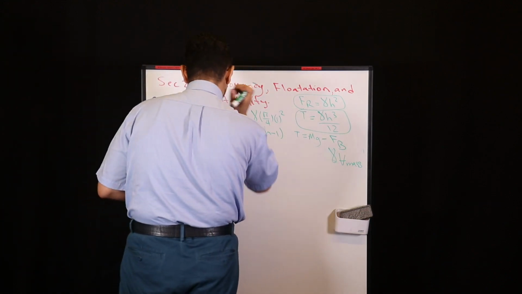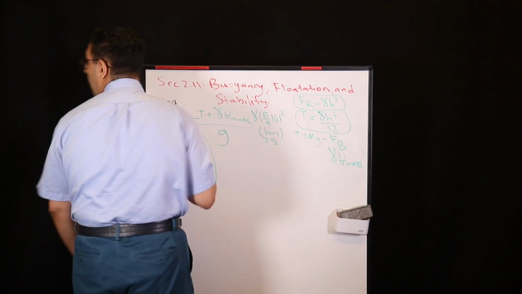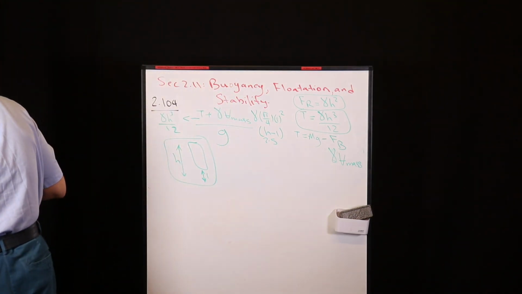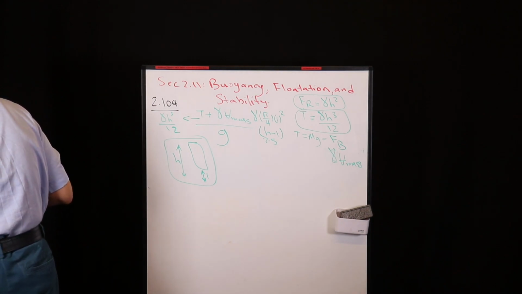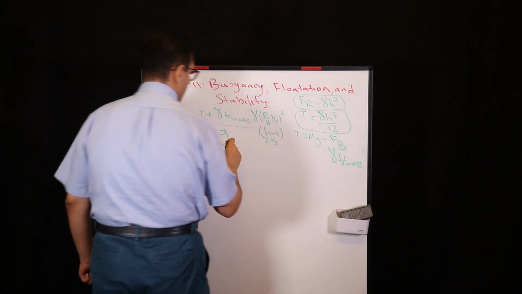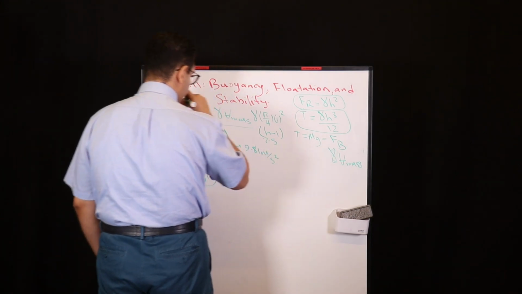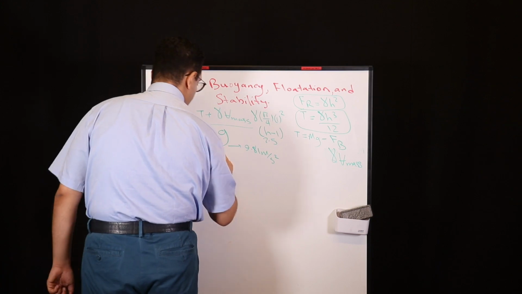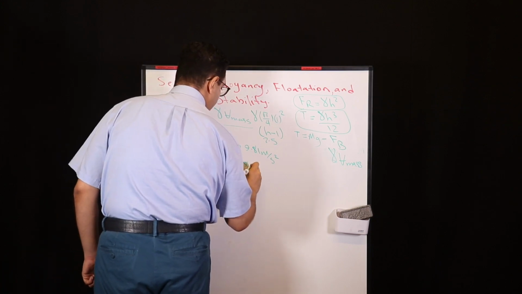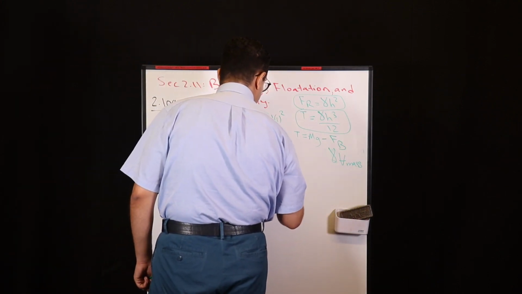So, if we substitute 2.5 here, since it is said that the level drops below 2.5 meters, we're going to have g as 9.8 meters per square second, and gamma is 9.8 multiplied by 10 to the power 3 Newton per cubic meter.